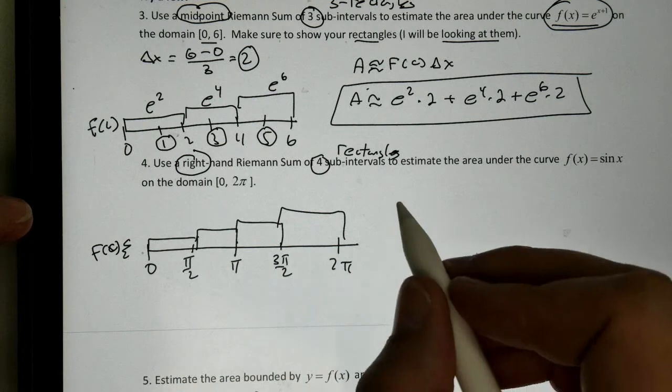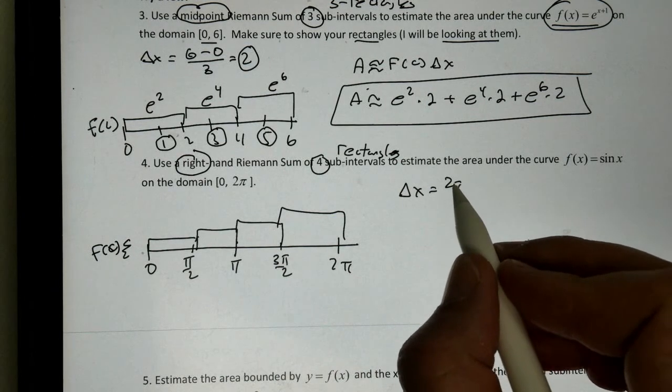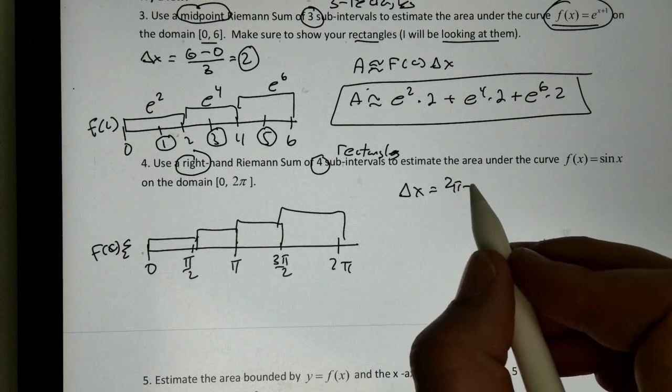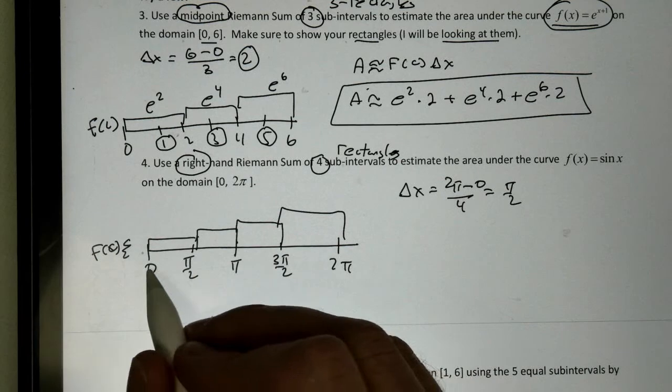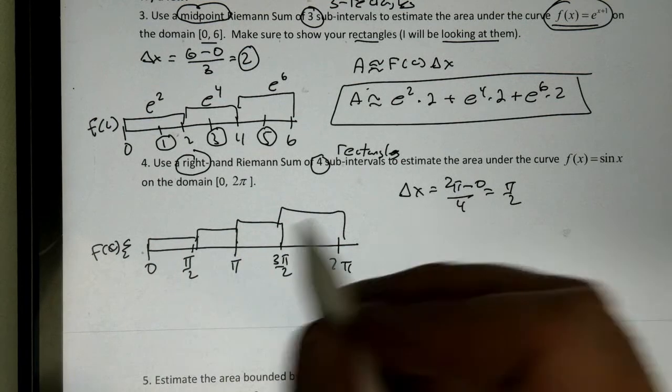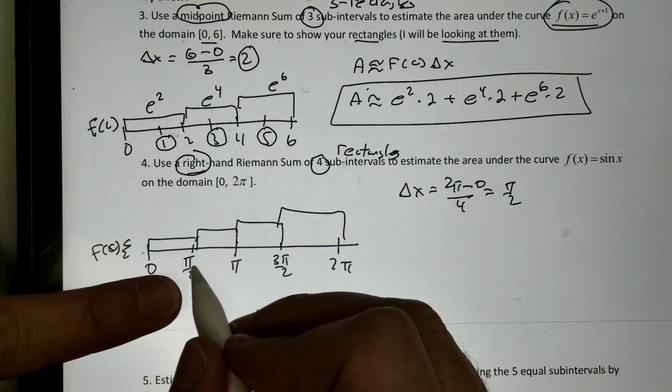We already found delta x, right? Remember, delta x is just going to be 2 pi minus 0 over 4, which is how we got that pi over 2. So each rectangle is just going to be pi over 2. We just have to get the heights by plugging in our right endpoints.